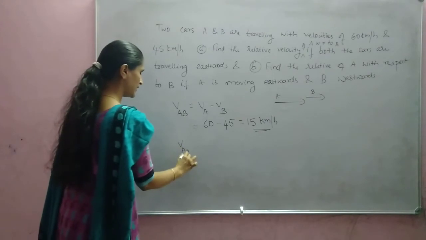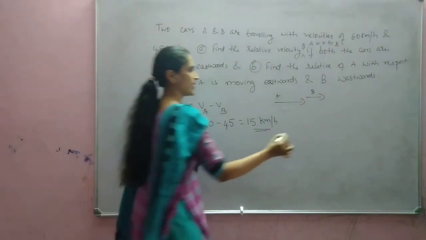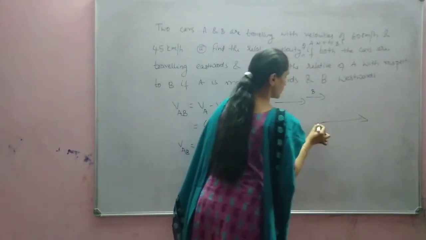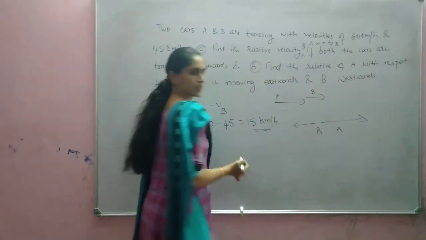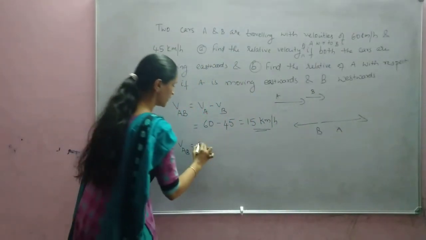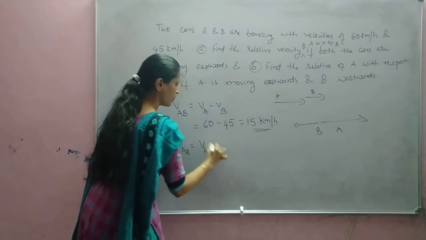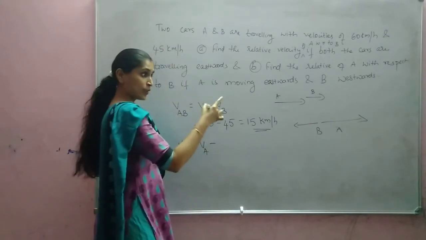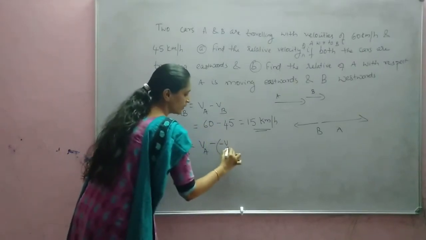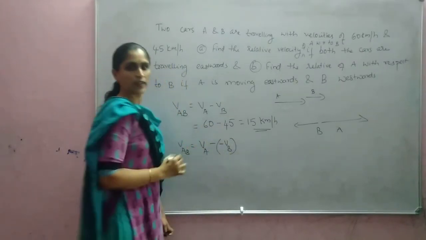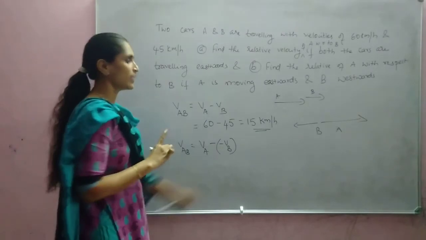But in this case, what happens? A is moving in this direction, but B is in the opposite direction. So in that case, we have to write VA minus, here velocity of B is in opposite direction, so we have to write minus VB. Why is the minus sign taken?